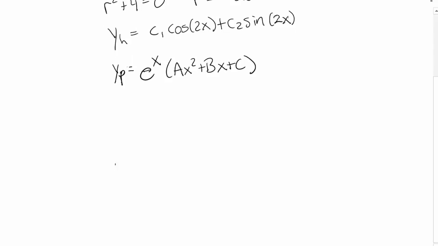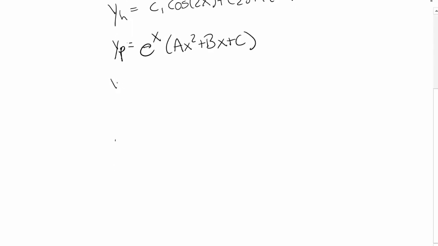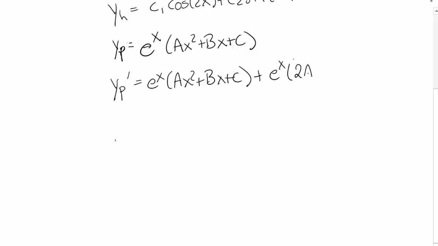So what I'm going to need to do is differentiate it twice so I can then plug it into my DE. So the first derivative is going to be e to the x times ax squared plus bx plus c, plus e to the x times 2ax plus b. And then my second derivative is going to be e to the x times ax squared plus bx plus c.